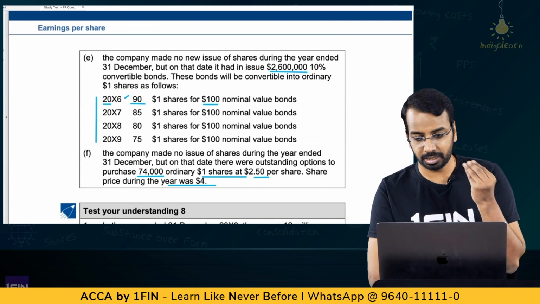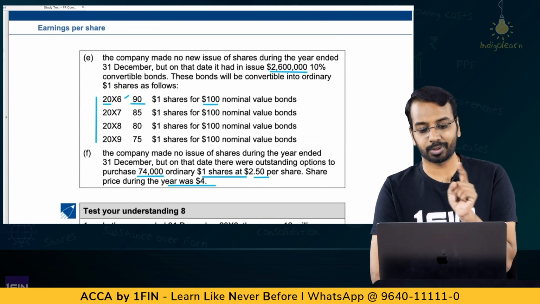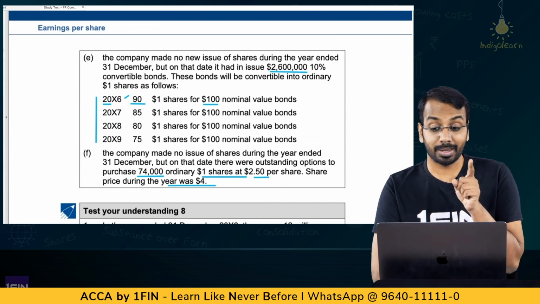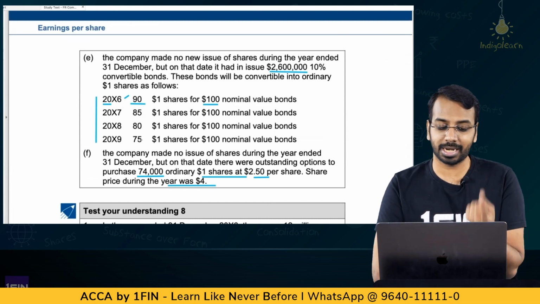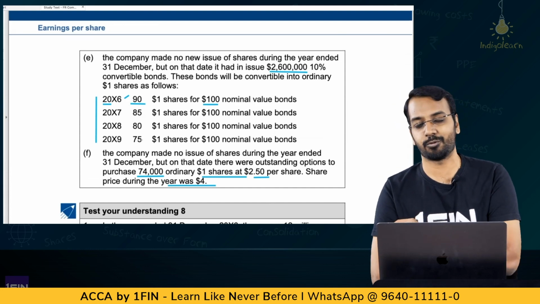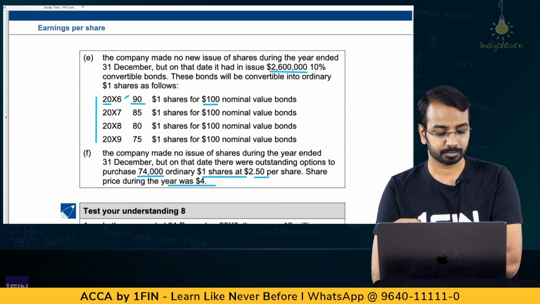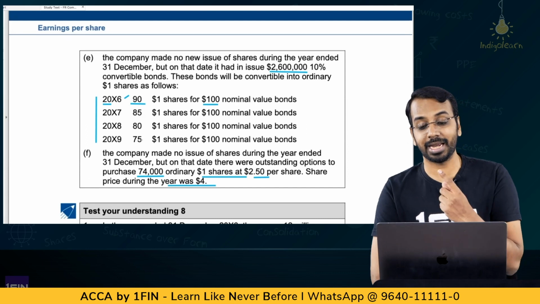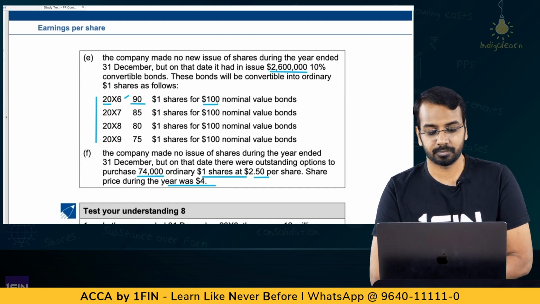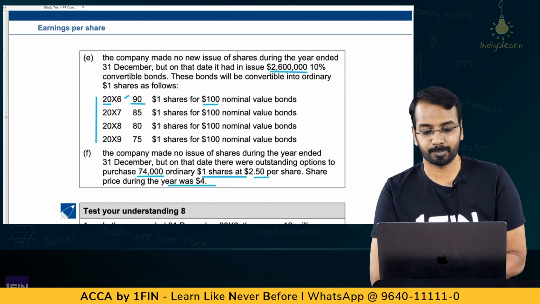So we are telling the equity shareholders, there are potential bonds which can be converted into equity. The more shares that would be issued to the bond holders, the greater the disadvantage for the equity shareholders, correct? So where will we get the maximum number of shares? When we issue 90 shares for every 100. Yes, sir. Okay.